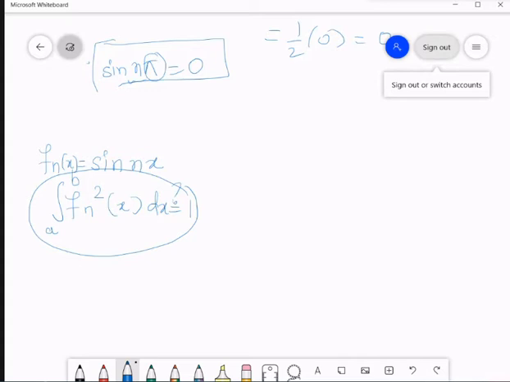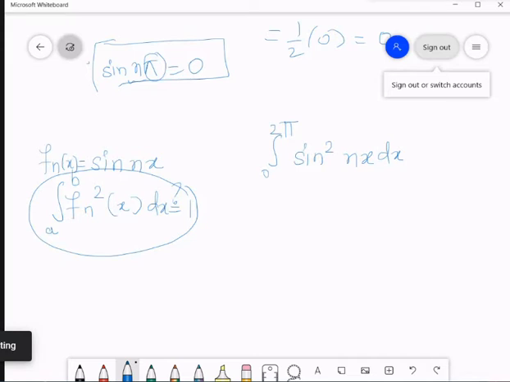Okay. So now what will this expression be? It will be the integral of sine square nx from 0 to 2 pi. Very good. So this is what we are trying to evaluate. Now, how do we find this one?